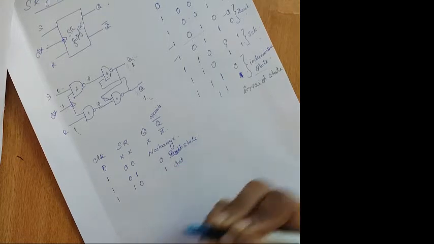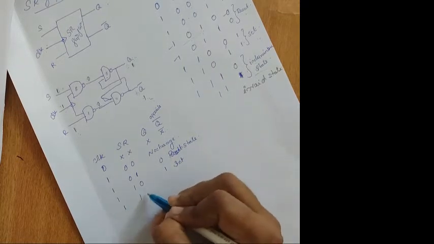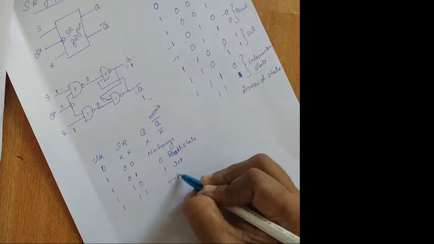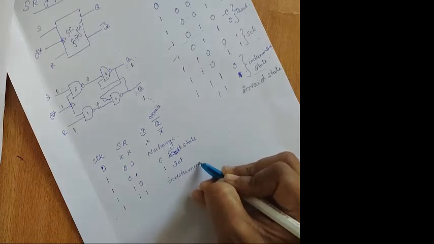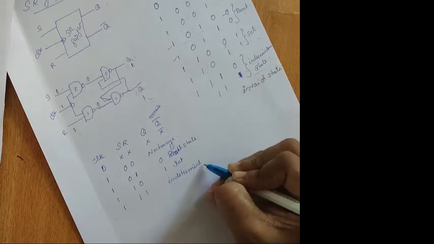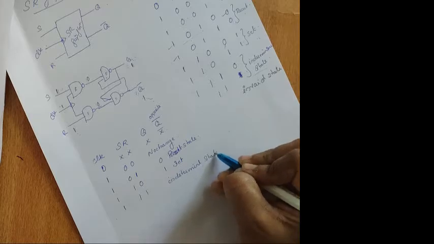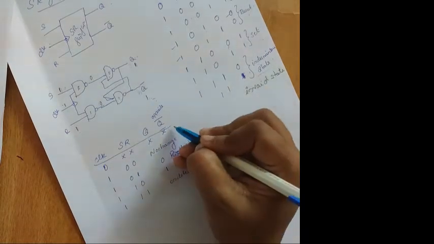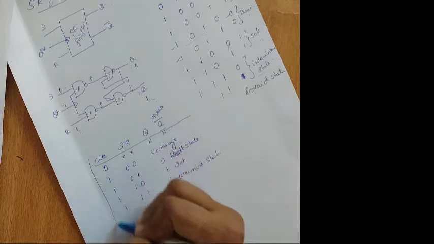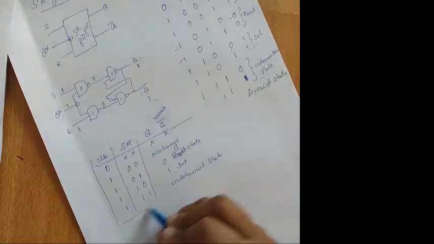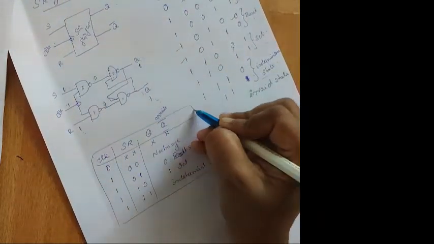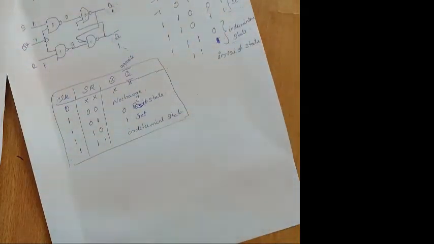This is set. And clock is high, 1, 1, indeterminate state. This is your nutshell truth table.